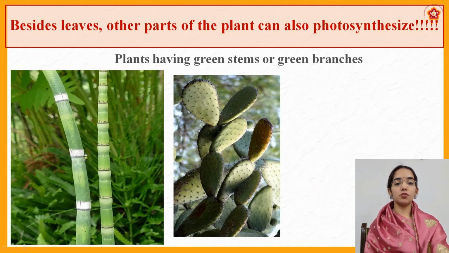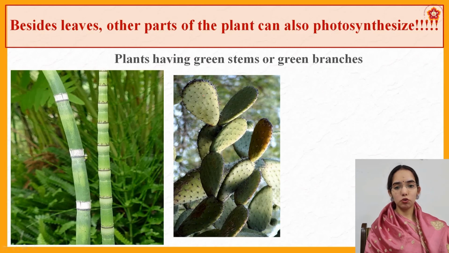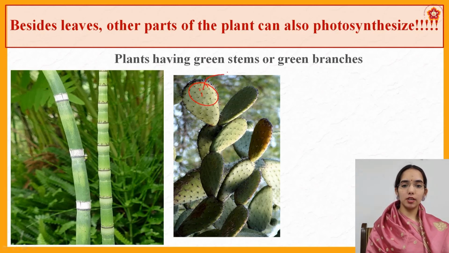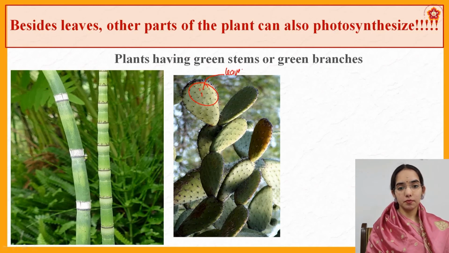Now this is an interesting plant. You can see these spines over here, right students? So these spines are there in this patch, like all over. So these spines are actually the leaves. Surprising, right?